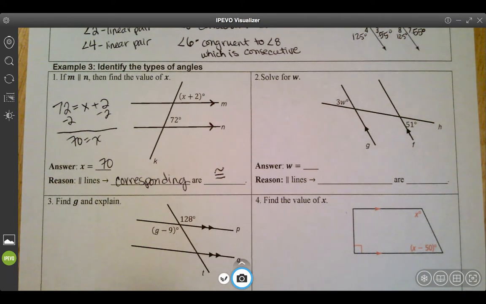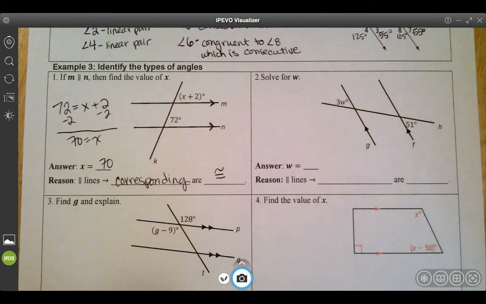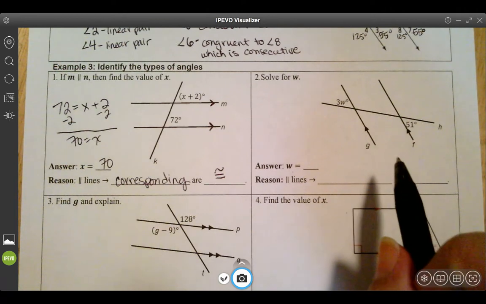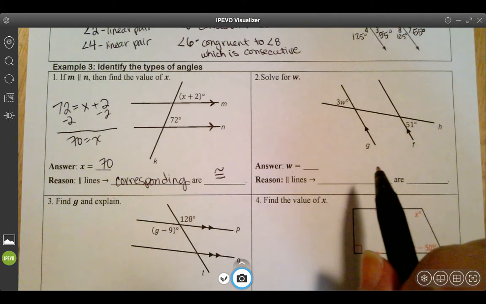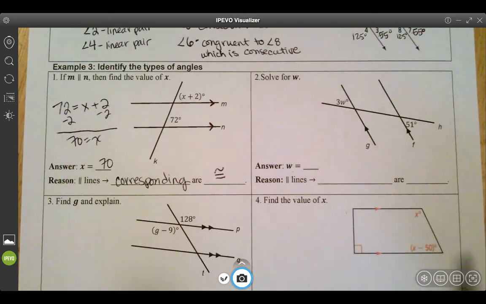We're going to do something similar for number 2. So for number 2, we want to solve for W and we want to say why we know that. Okay. Now remember I mentioned the Z that helps us with parallel lines. I'm going to start adding the Z onto these diagrams. Okay. So if we look at number 1, where would the Z be?